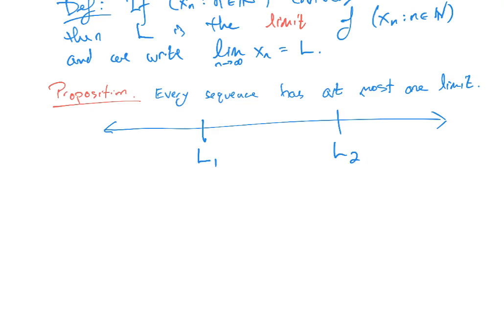Our definition of limit says that if we fix an epsilon, eventually we're within epsilon of our limit. So if both L1 and L2 were limits of our sequence, for any epsilon, eventually we would be within epsilon of both of them.